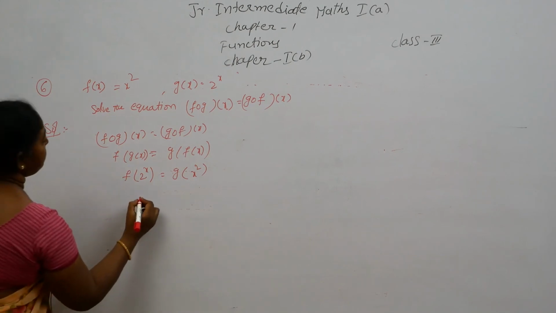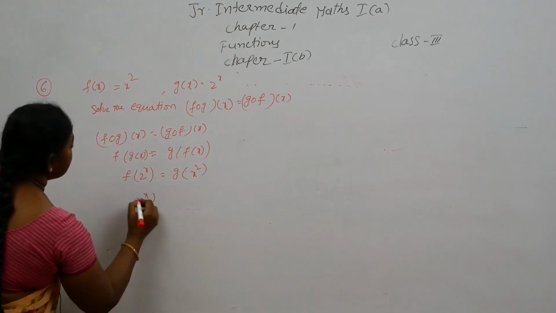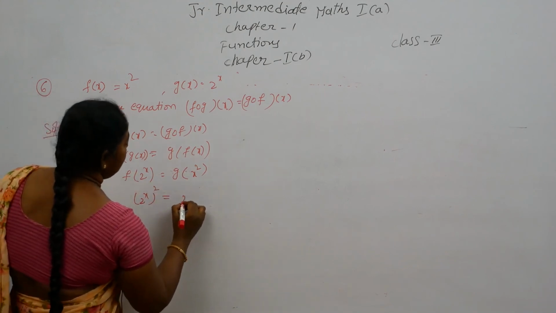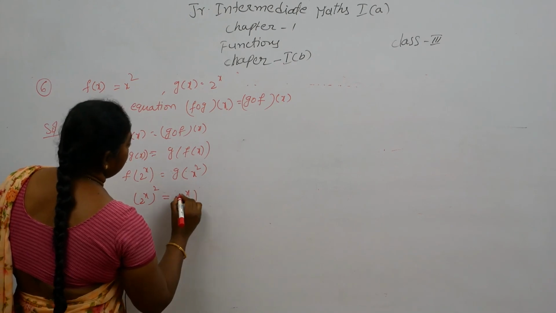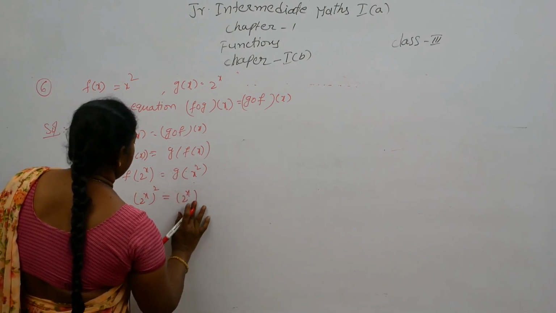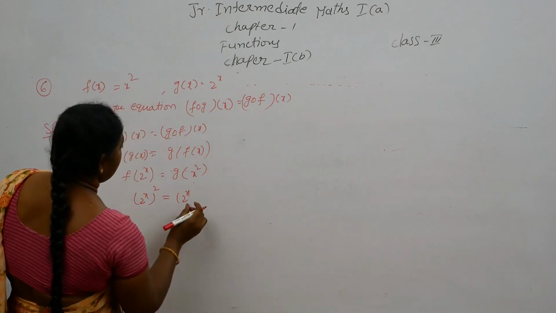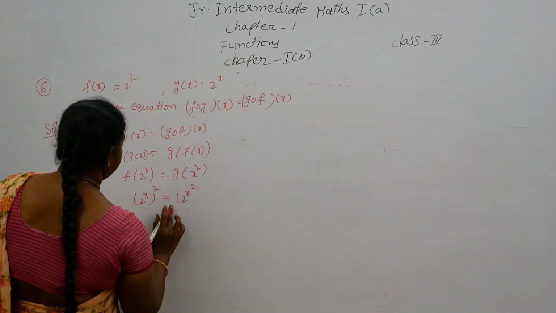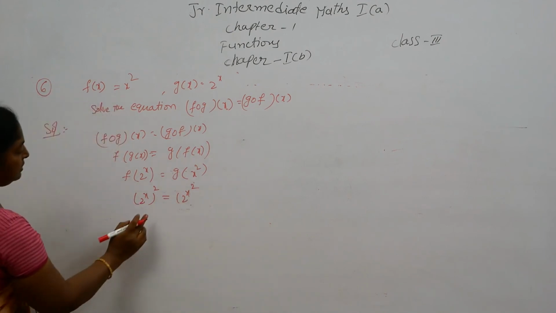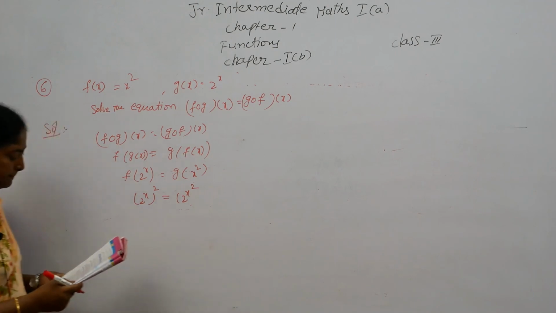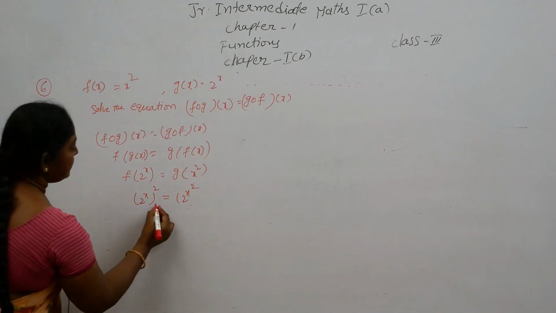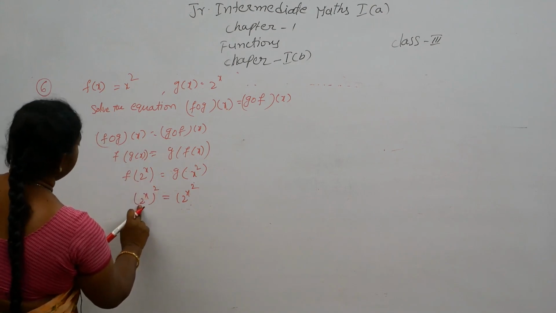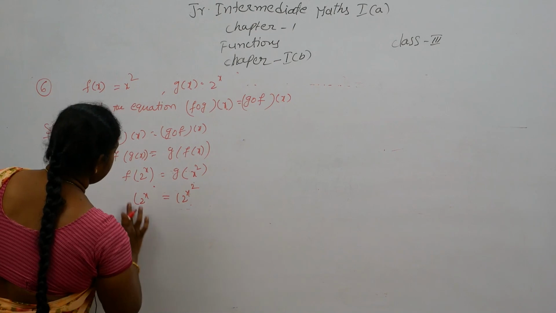So f of g of x is 2 power x whole square, which is 2 power 2x, and g of f of x is 2 power x square.